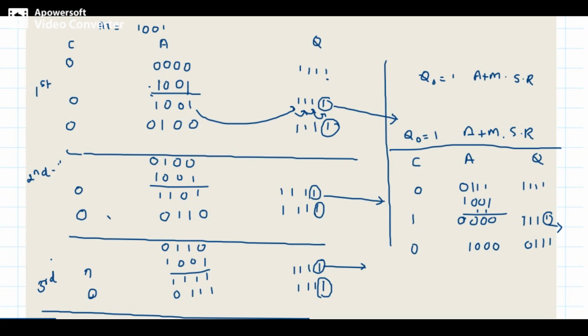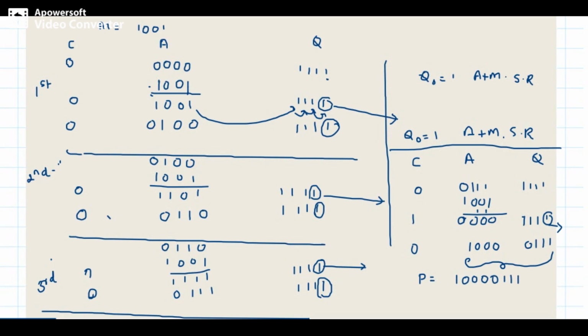So I can say that M as well as Q carries the final product, that is, final product P is equal to 1, 0, 0, 0, 0, 1, 1, 1.